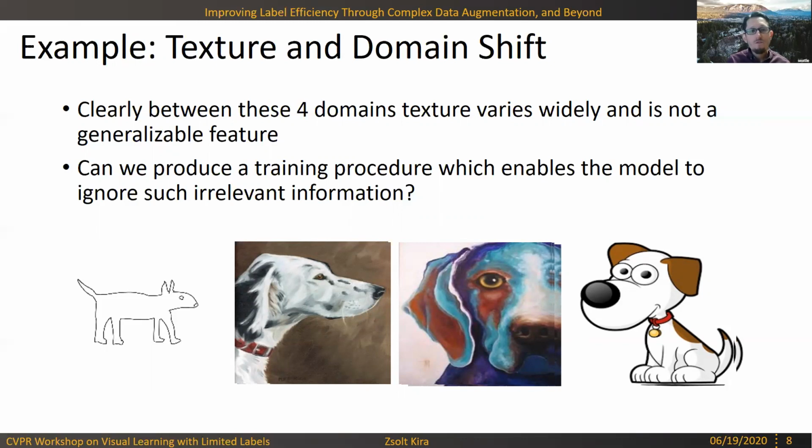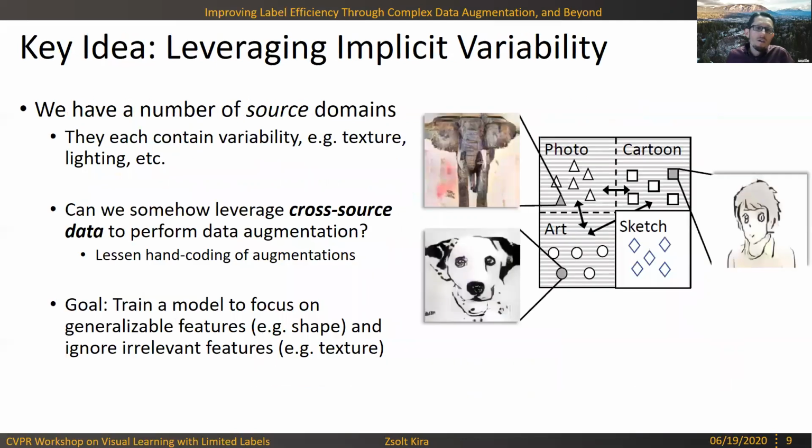So what we specifically want to develop are methods, or training procedures, that enable the model to ignore such irrelevant information. The key to doing this, we think, is leveraging implicit variability within the source domain. In domain generalization, you're not just given one source domain.